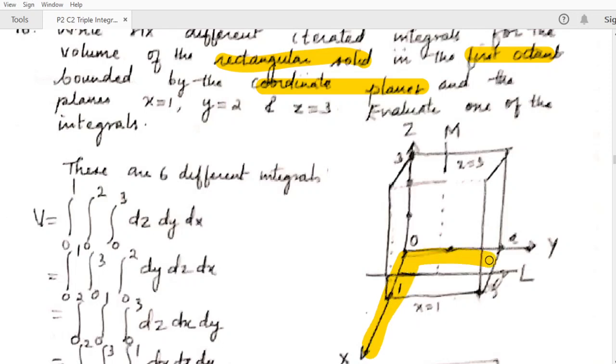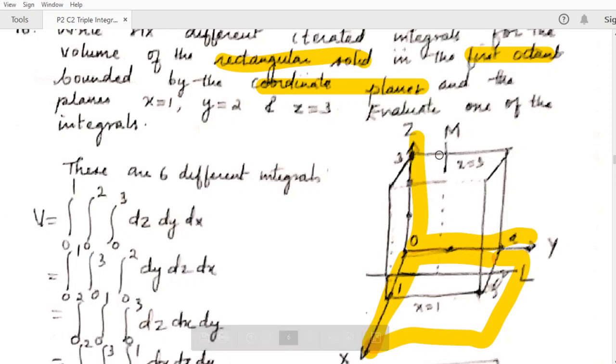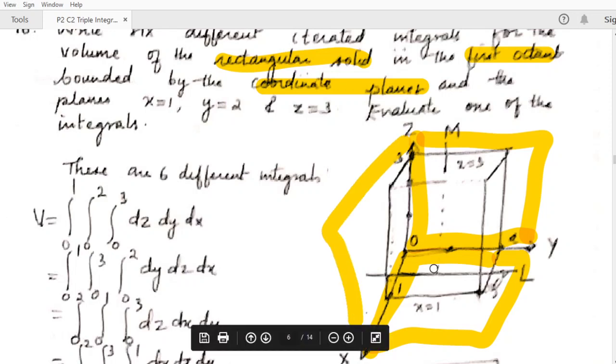This is one coordinate plane. Another coordinate plane is the yz plane. And another is our xz plane. So these are the three planes.